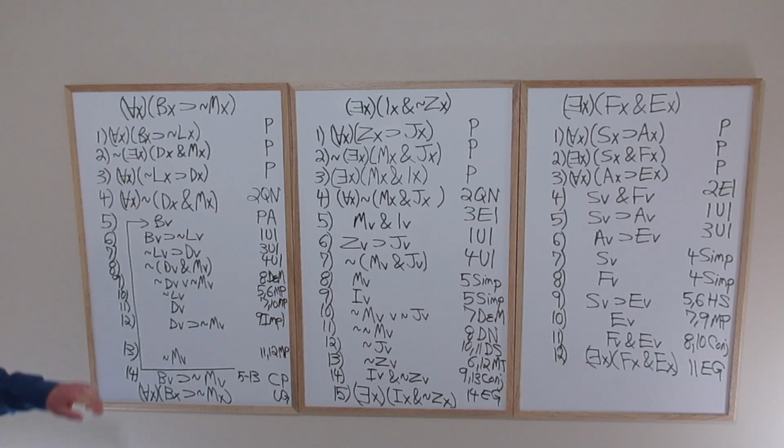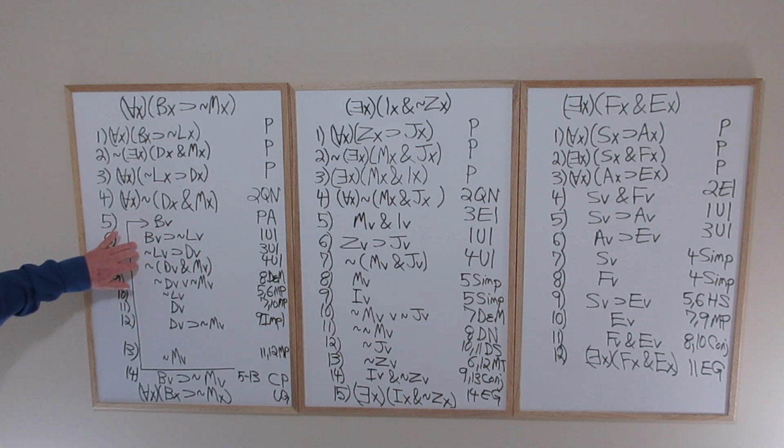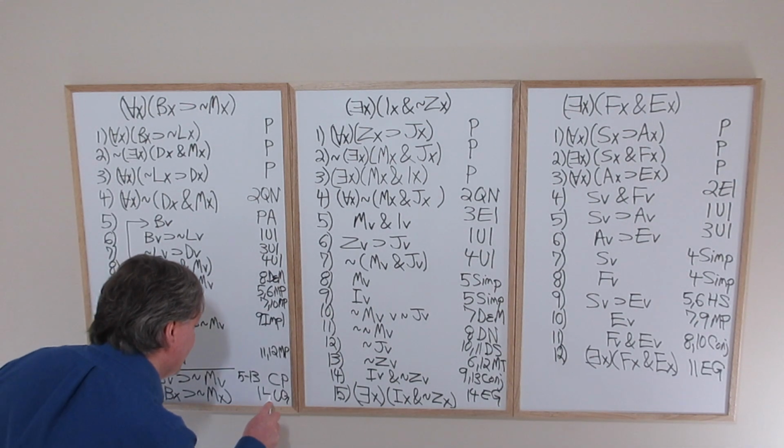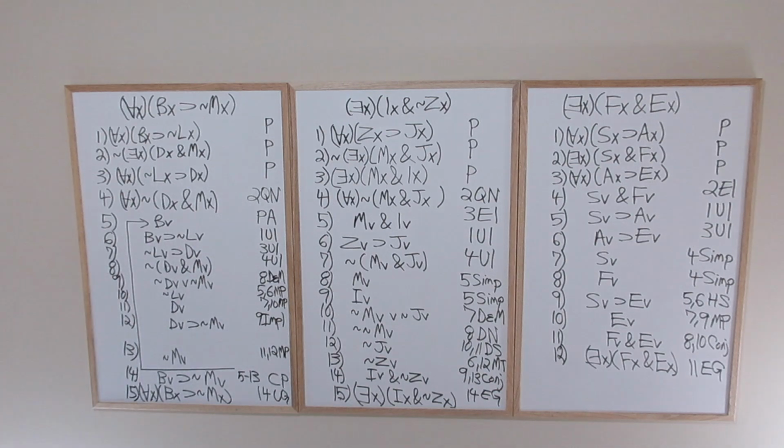All of the other occurrences of V came into the proof via UI. There are no EIs. So we have satisfied the restrictions, and we can correctly infer by UG that all X are such that if X is a baby, then X cannot manage a crocodile.